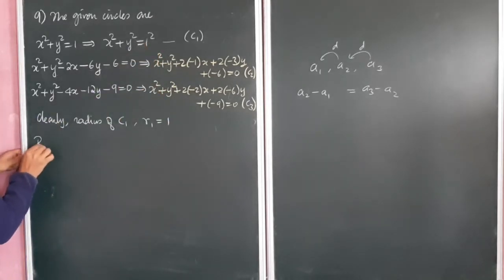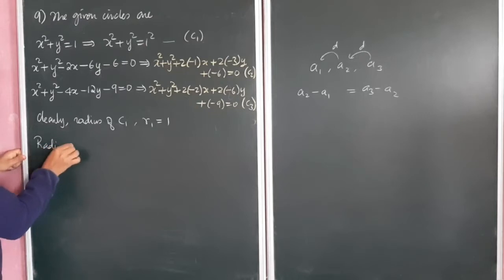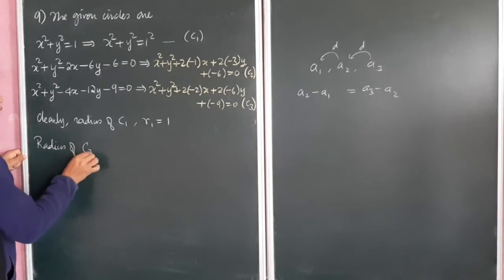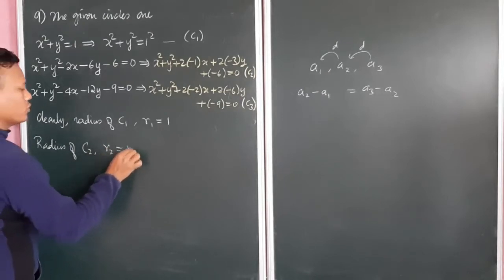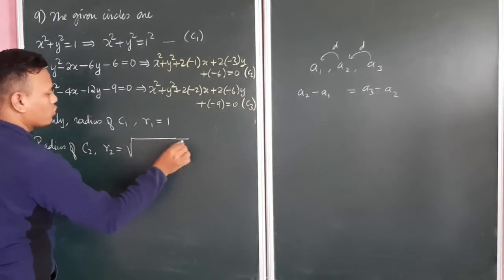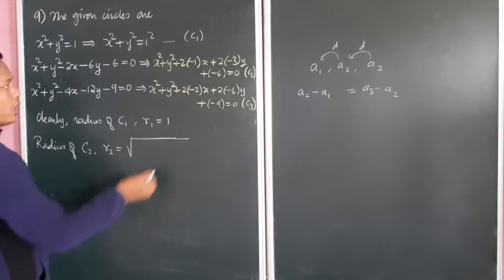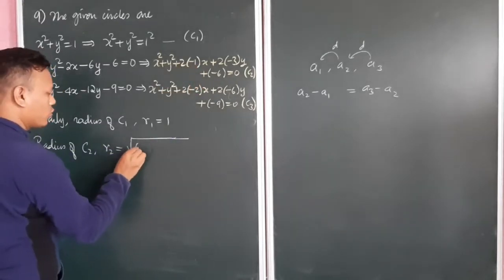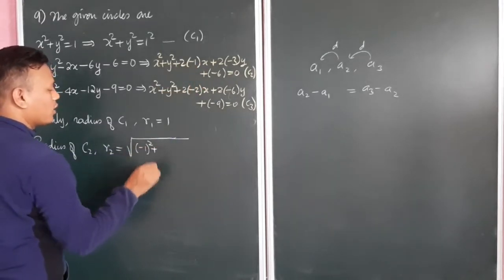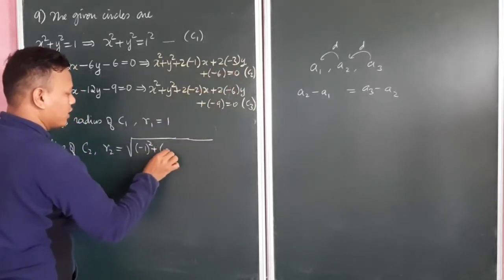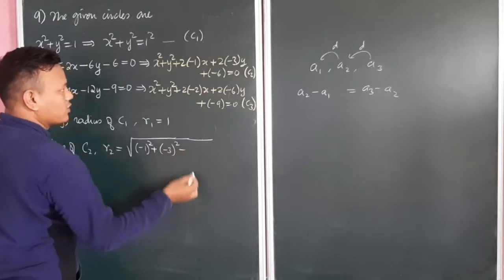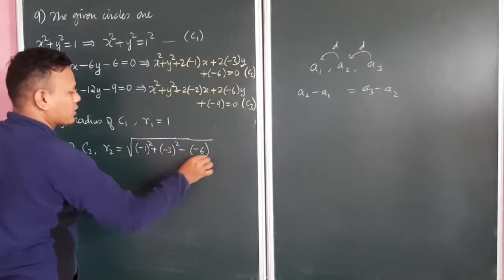Now the radius of C2, that is this circle, let me call this R2, will be equal to the square root of g square plus f square minus c. And what is g? g is minus 1, so minus 1 square, plus f square, f is minus 3, so minus 3 square, minus c, where c is minus 6.